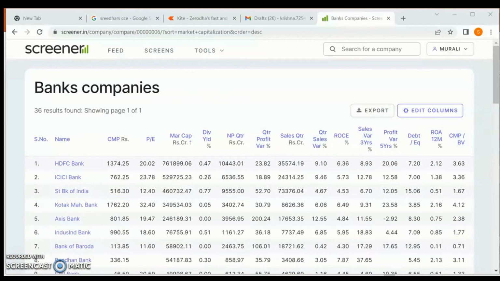Once you select one stock, don't buy directly, because after this you need to check so many things, like technical analysis, fundamental analysis, and valuation. You need to know these things.